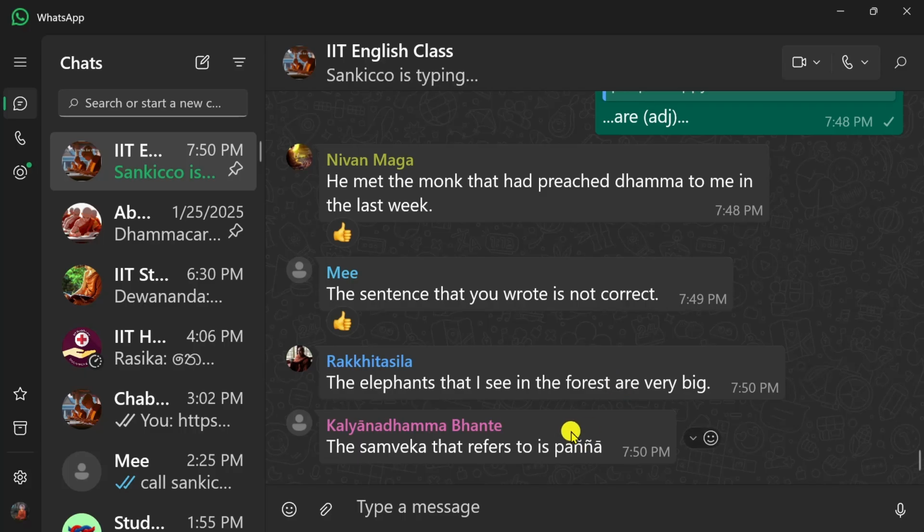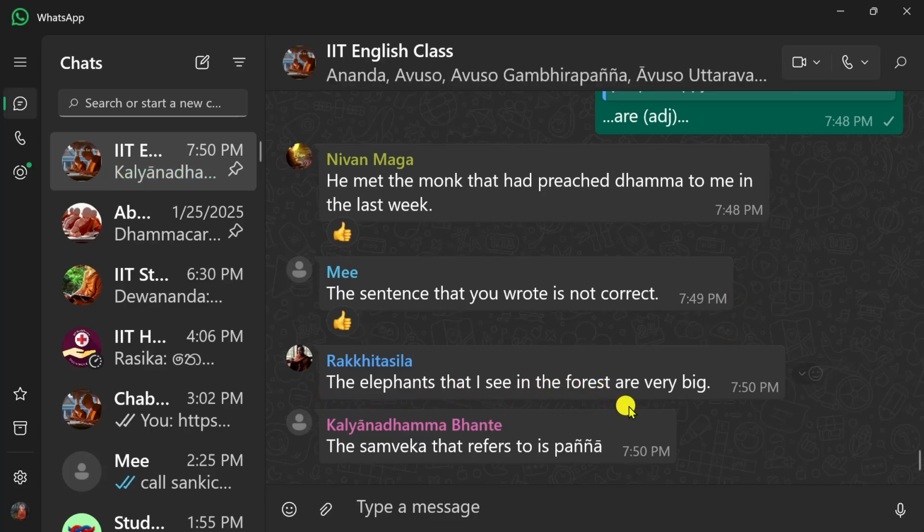Okay? Not correct. The elephants that I see in the forest are very big. Yes. This one, can you remove that or not? Can I say the elephants I see in the forest are very big?